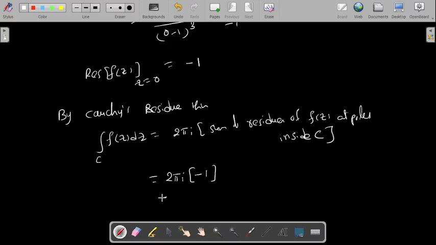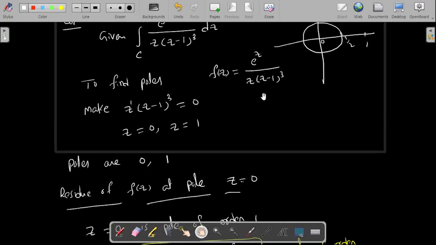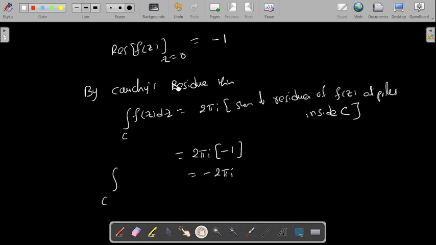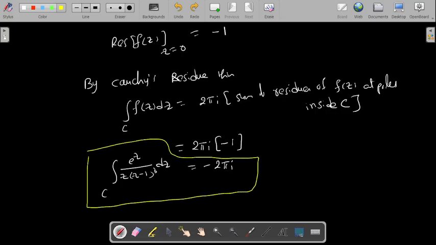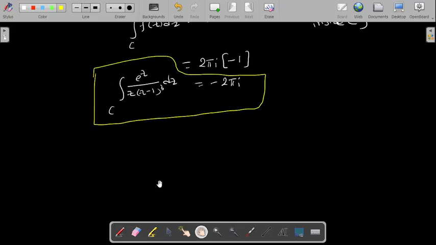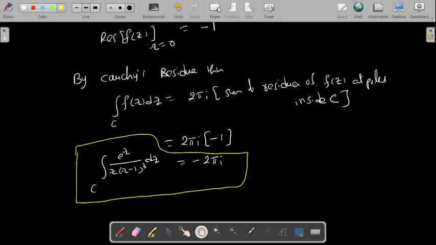So this value will be minus 2 pi i. Here f(z) means e^z by z into (z minus 1) whole cube. So you got its value. This is how we applied the Cauchy residue theorem. Another way, we can do this problem in another way also, on the next page.